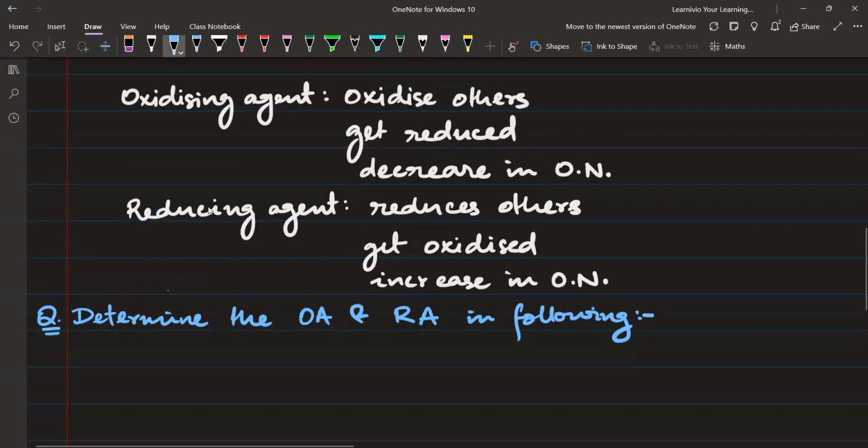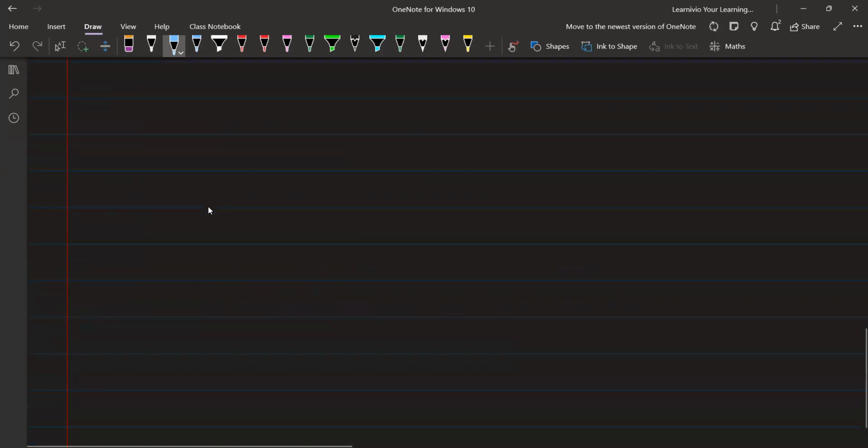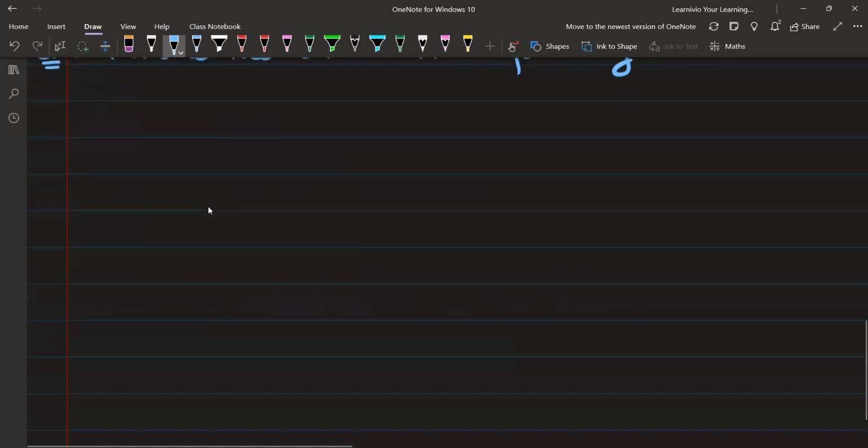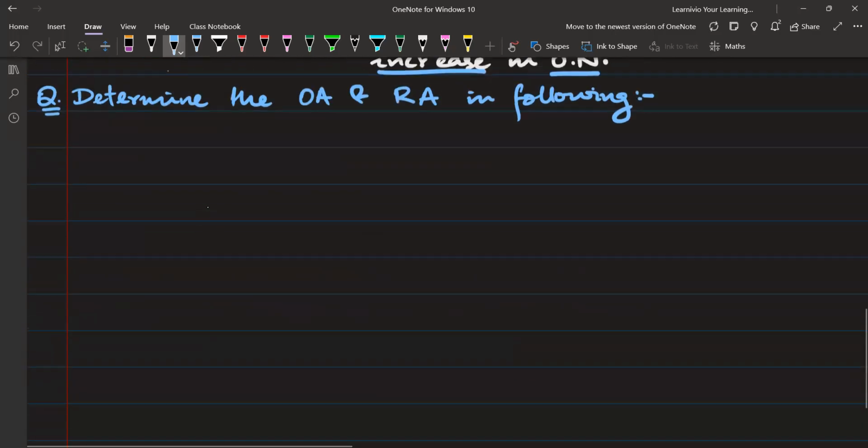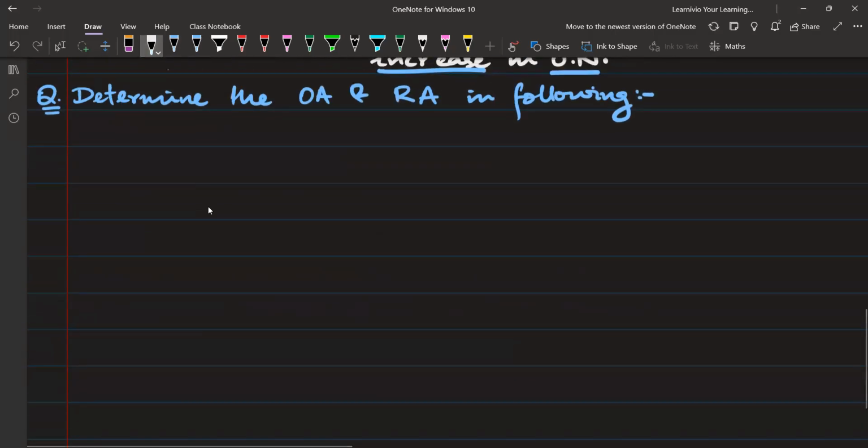If there is a species which has decreased in oxidation number, that means it is the oxidizing agent. The species in which we have seen an increase in oxidation number will be the reducing agent. Look.